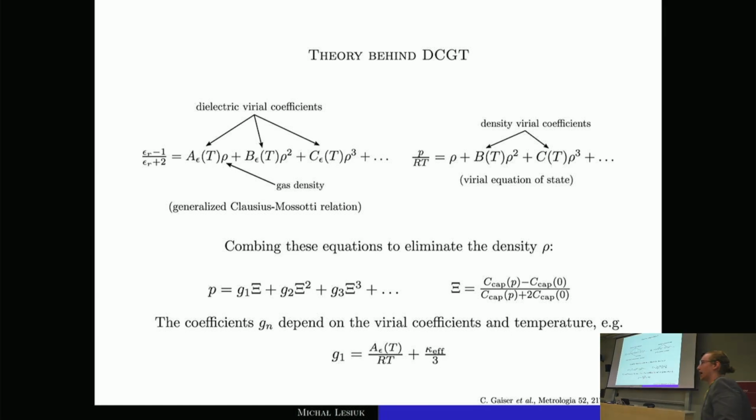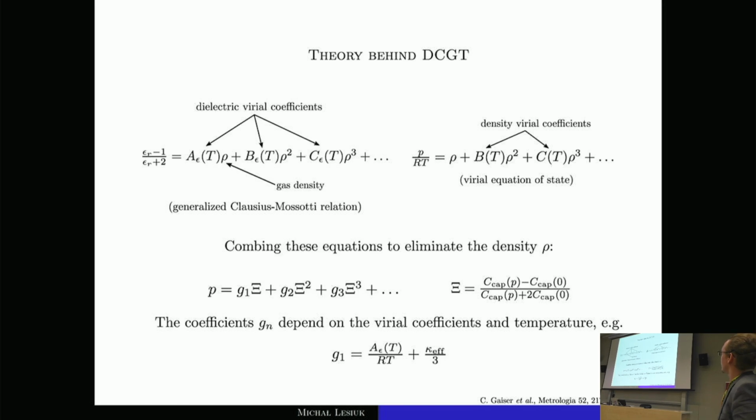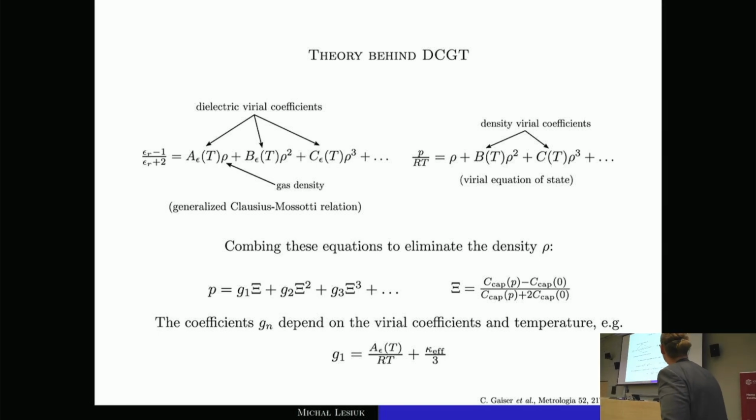And what's the theory behind that? How can we get from the measurement of the capacity to the pressure of the gas? This is, of course, not trivial, but you need to use two fundamental equations. The first is the Clausius-Mossotti equation, and it relates the electric constant to gas density.